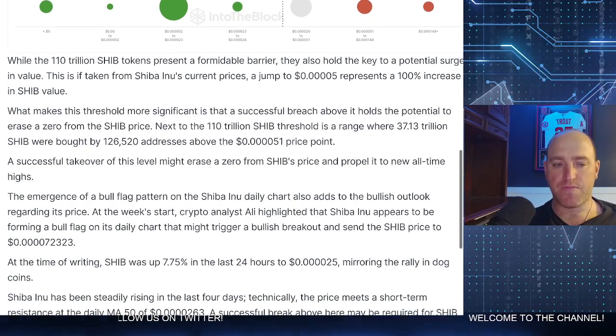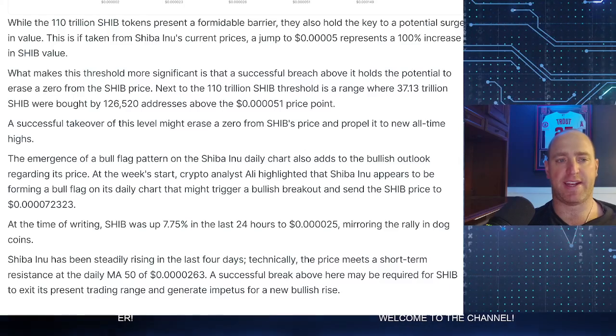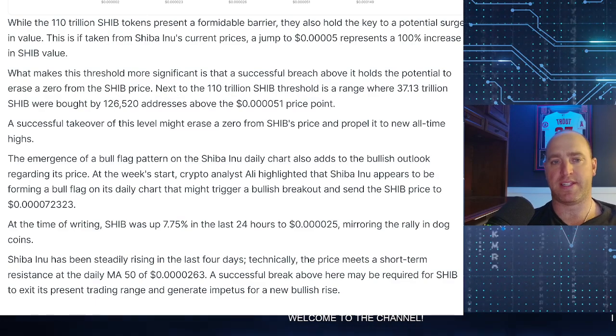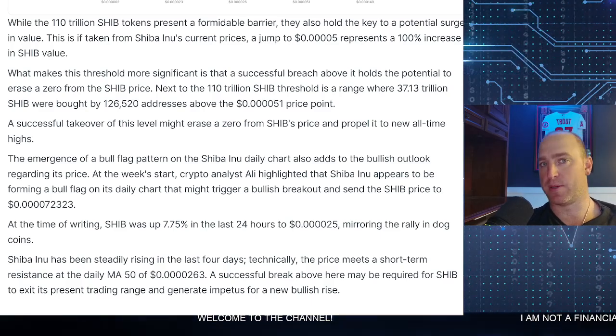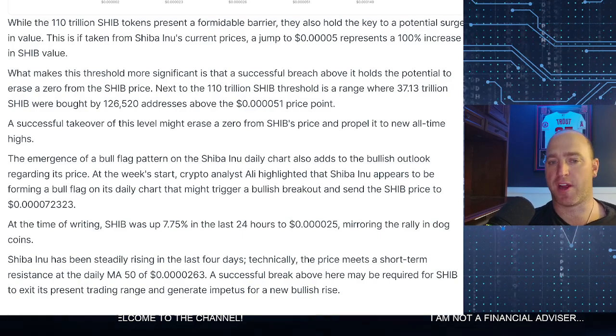So whether or not SHIB is bullish, the interesting thing we have to take into account is, even if we do break through, what will happen with these 300,000 plus addresses that are going to look to exit their positions, wash their hands clean with SHIB, start fresh?